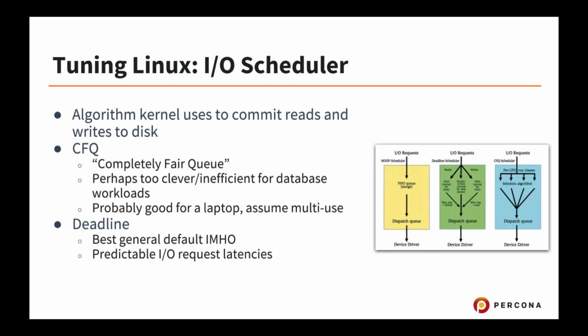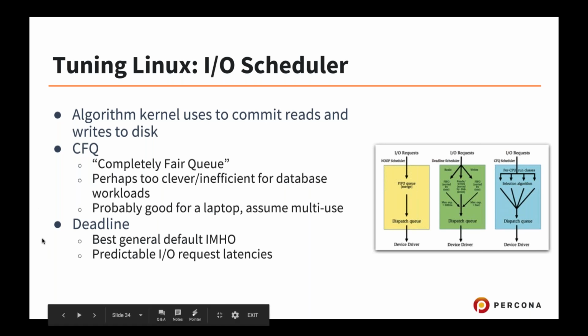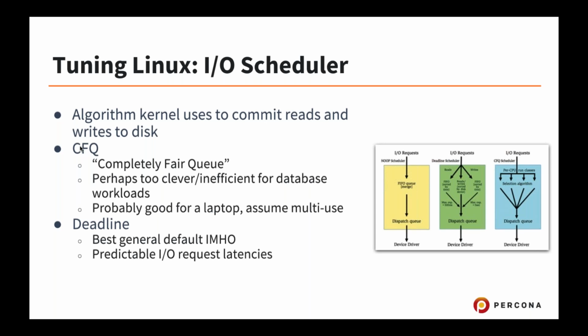The Linux I/O scheduler is known to be a bad default on older kernels. Newer kernels are using Deadline, which is probably my recommendation. But older systems use completely fair queue, which assumes you have a laptop or something that would be used for a lot of different purposes, not necessarily a database purpose. Deadline is a simpler I/O scheduler, and simple is good because you shouldn't be running many different things on a database server, hopefully.